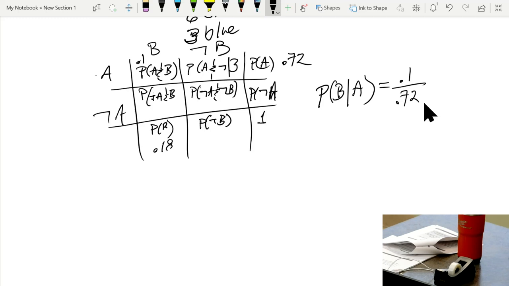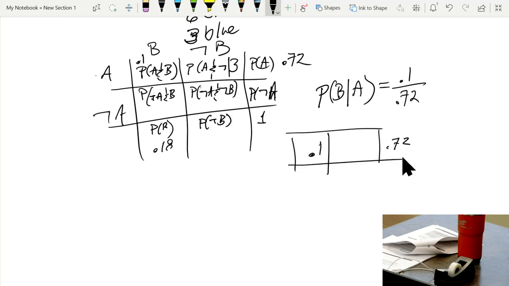So they just give you 3 parts of the table, which actually you can use to calculate all the rest of the table. Here's 0.1 with a total of 0.72. What's got to be in the not B column or cell? It has to add across.